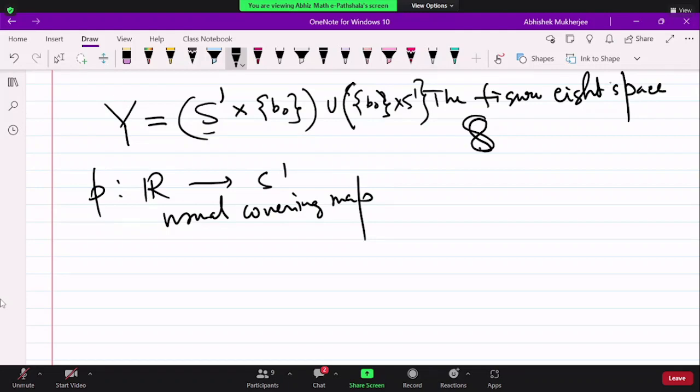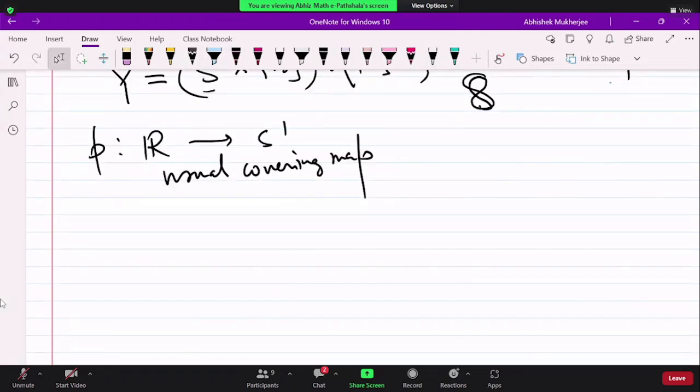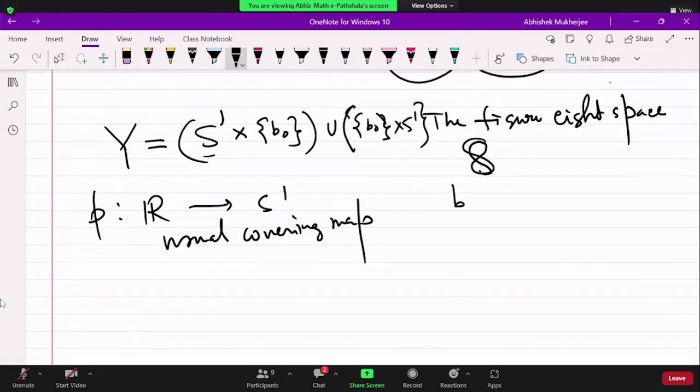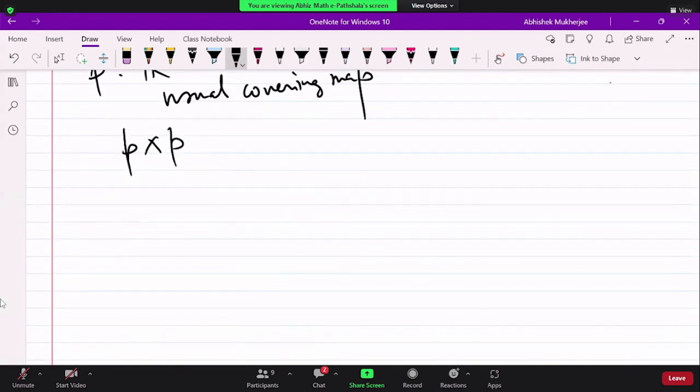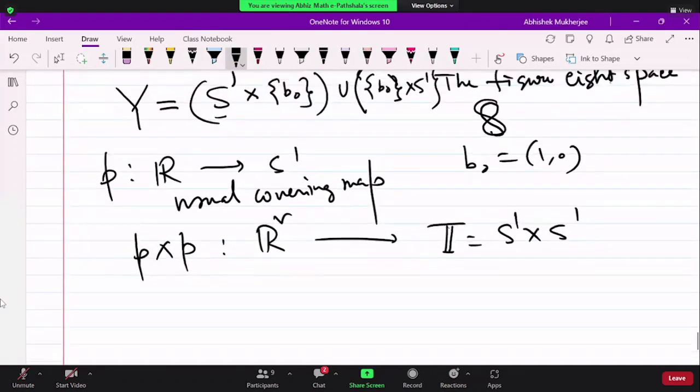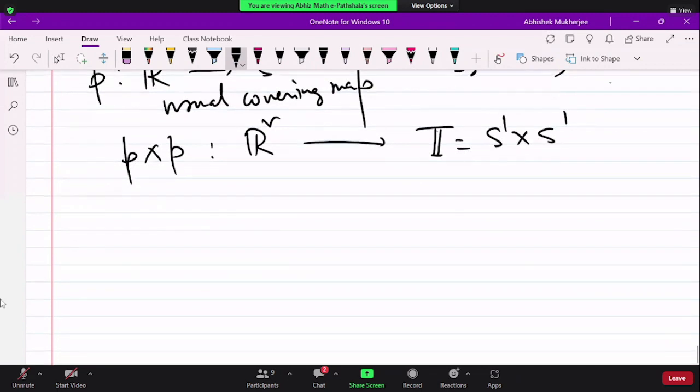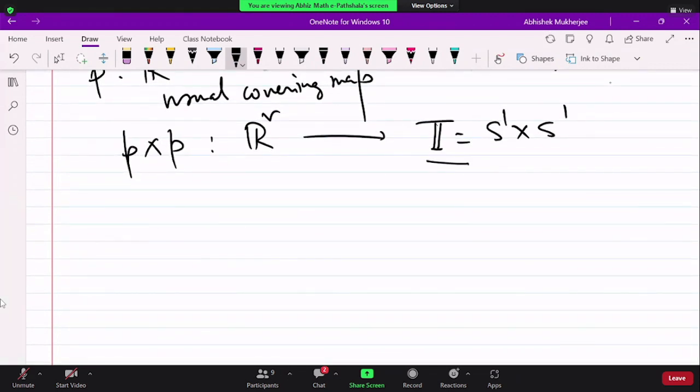And we are taking the base point B naught as 1, 0, right? And now you want to consider the product of this covering map P cross P, which is from R2 to the torus, which is S1 cross S1, right? Great. So therefore this Y is a subspace of this torus, right?